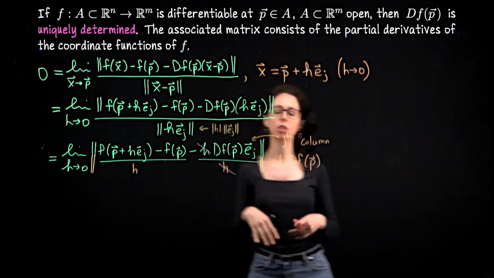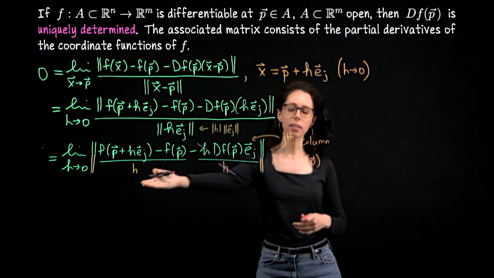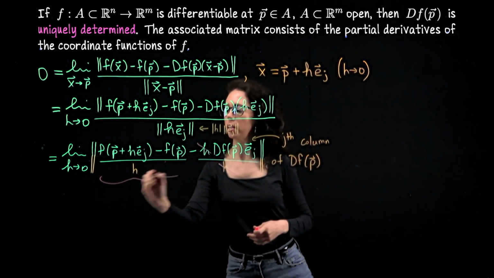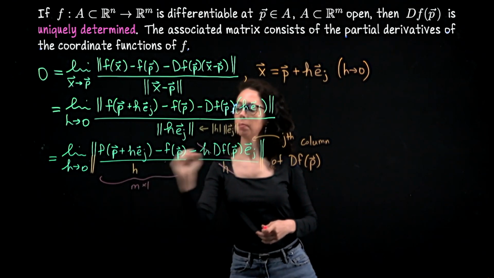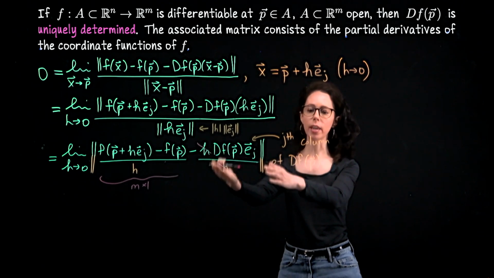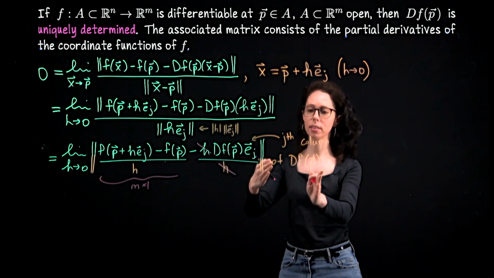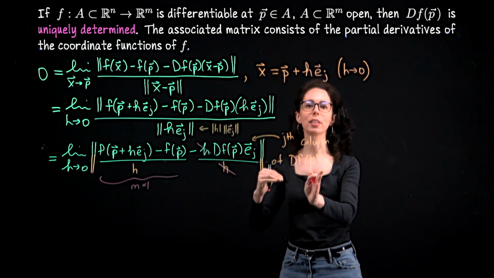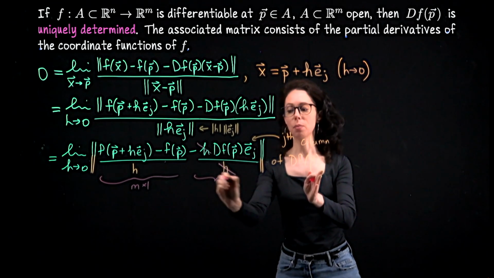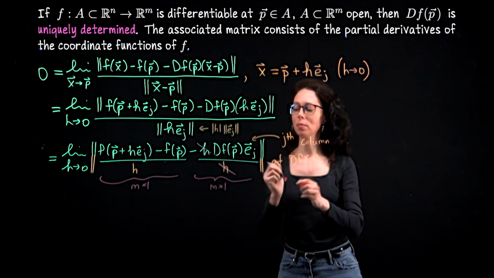Dividing by h is just going to take that vector that you get in the numerator and scale it. So overall, this expression is m by 1. And likewise, this is the jth column of an m by n matrix. So it's m entries in this jth column, so that dimensionally we're doing something that makes sense. This is also m by 1.